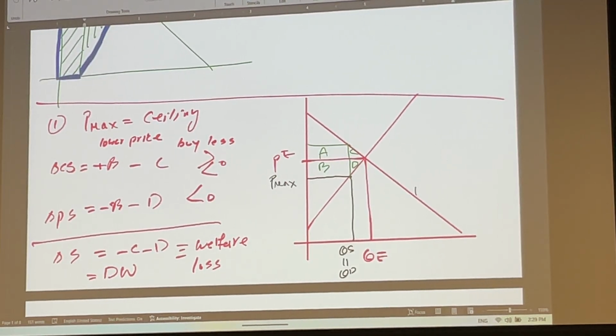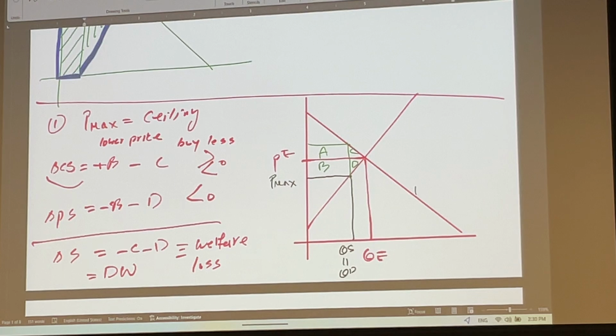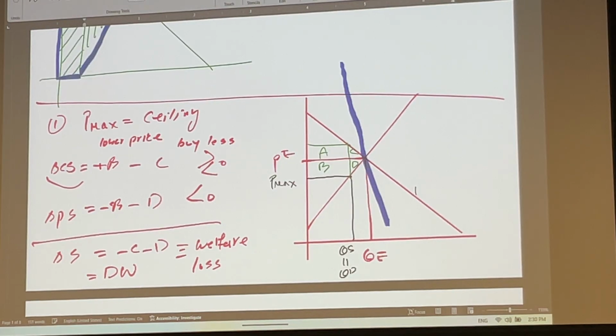Say I have a rent control, right? Rent control is basically a price max. In a rent control, do you think the change in consumer surplus is positive or negative? Positive? Rent is very elastic. The demand for rent is sort of verticalish.